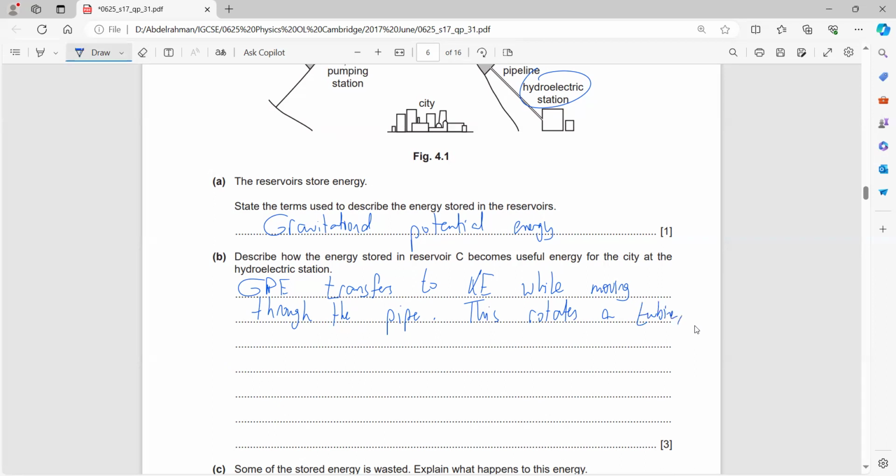This turbine rotates a generator, and then this generator produces electrical energy. Okay, quite easy.